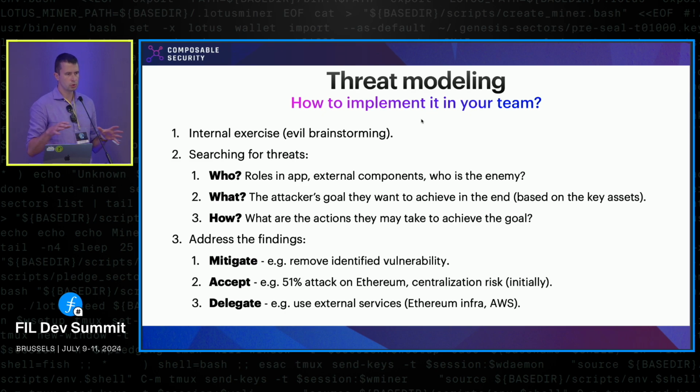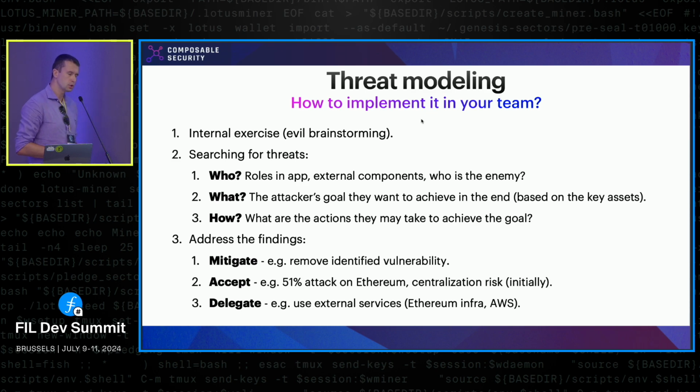You can enumerate all roles in your application and also the external components that you integrate with. But you can always also include an anonymous user and a whale, somebody who has, let's say, unlimited funds and tries to attack your project.